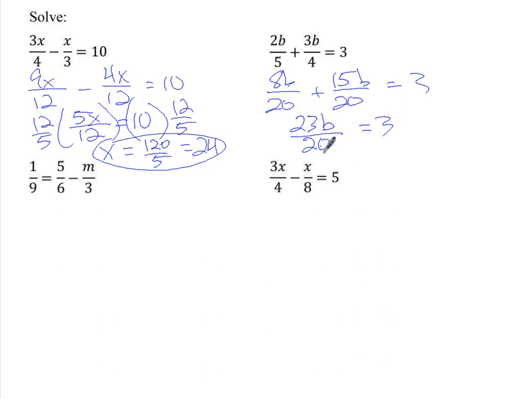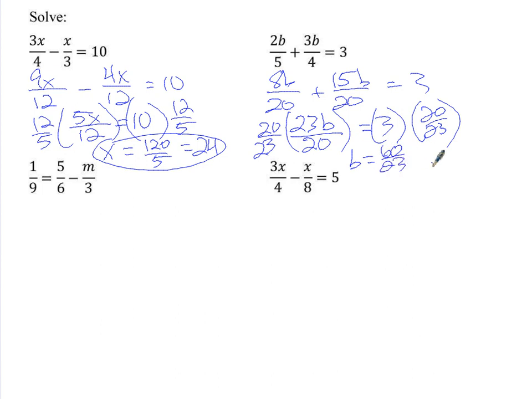Multiply by the reciprocal. We got 23/20ths here. So if I multiply by 20/23 to both sides, it's a really weird number, but it works. This becomes what? Not 0, 1b, or just b, equals 60 over 23.